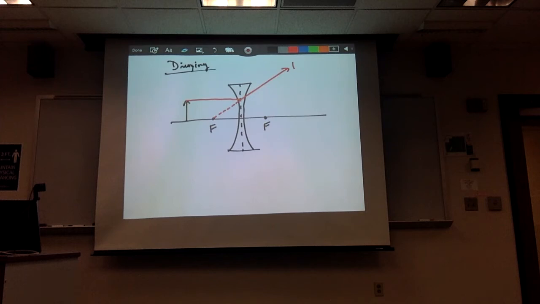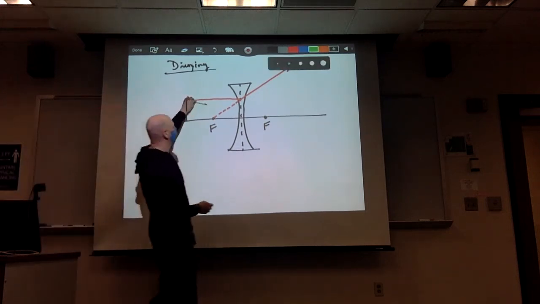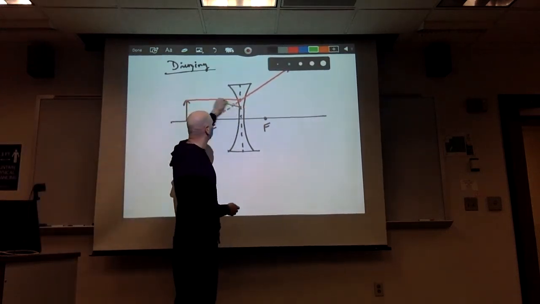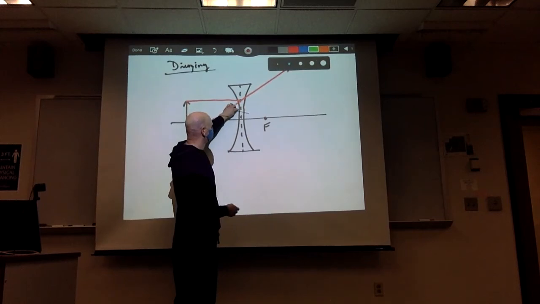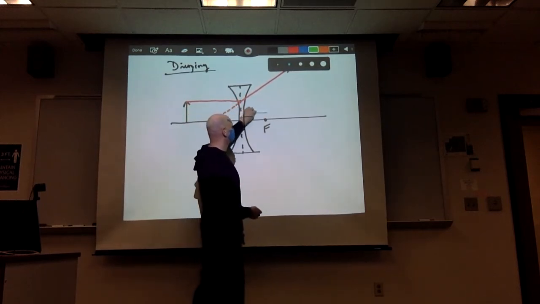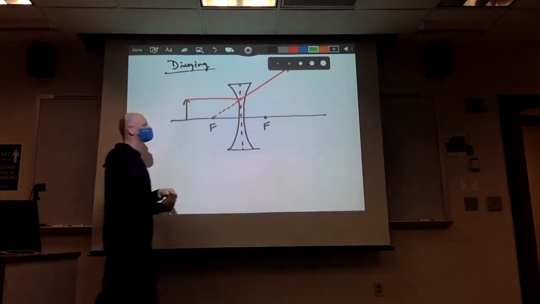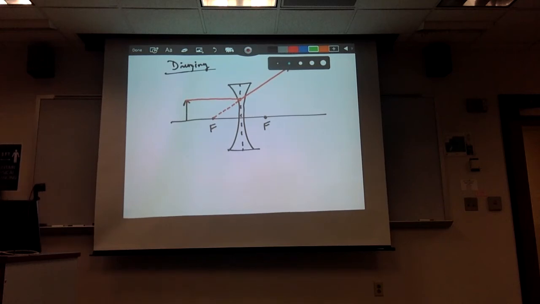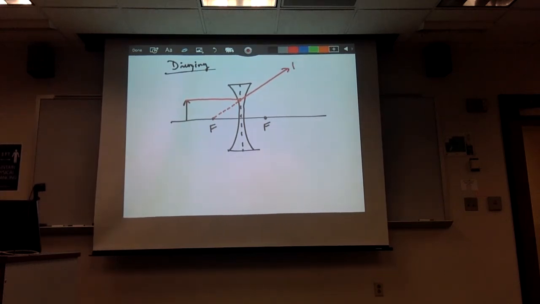Principal ray number two is going to be the one that's going to try to go through this focal point on this side, but by the time it goes through the center of the lens, it's going to get refracted, diverging away, which means it's going to run parallel to the principal axis. So this guy here, again, as if he wants to come through here, but he can't, so he's going to go parallel to the principal axis, get refracted this way. This is principal ray number two.